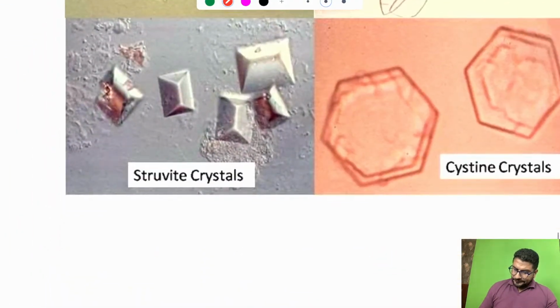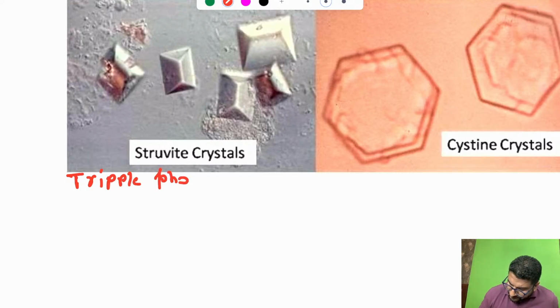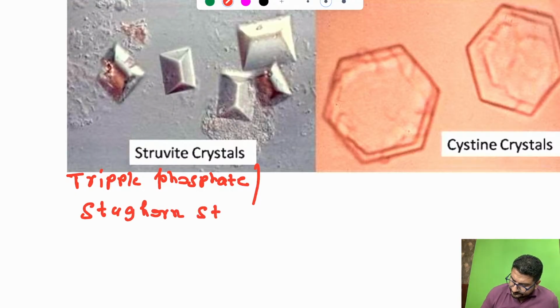Then this is struvite stone. Struvite stone से कई सारे क्वेश्चन एग्जाम में पूछते हैं. They'll ask you a lot of questions in exam from struvite. So struvite stone is also called as triple phosphate stone. We call this triple phosphate stone, or we call this staghorn stone.